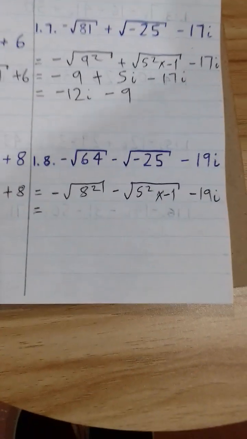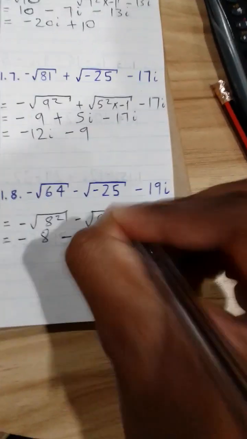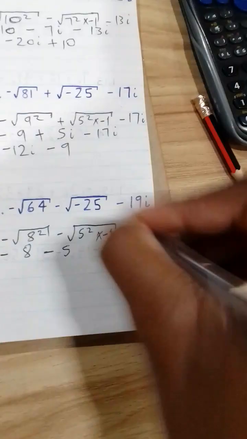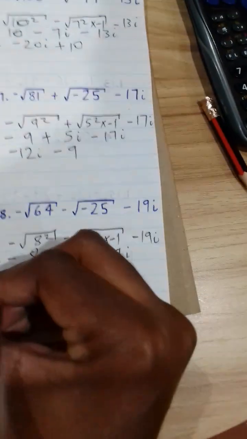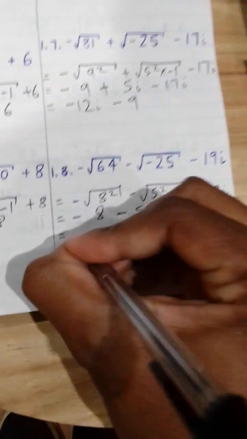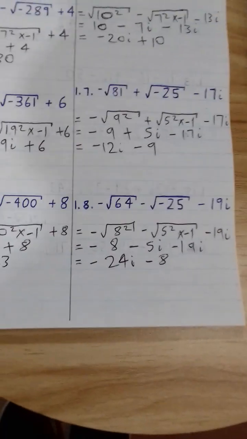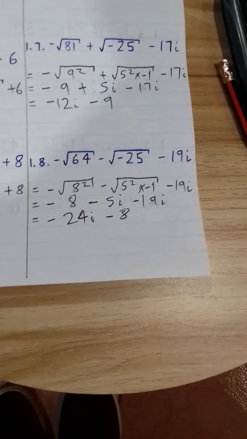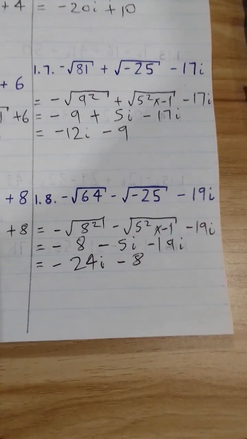So this is going to be minus square root of 8 squared is 8, minus square root of 5 squared is 5 times square root of negative 1 is i, minus 19i. Like terms, negative 5i minus 19i is minus 24i, minus 8. Or you can say negative 8 minus 24i. Hope that is clear, and I hope that makes sense.